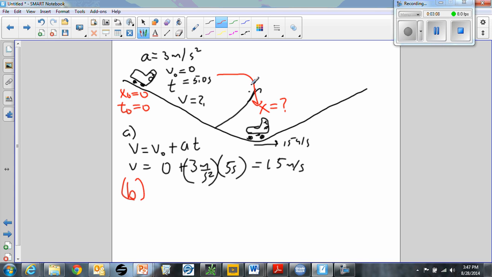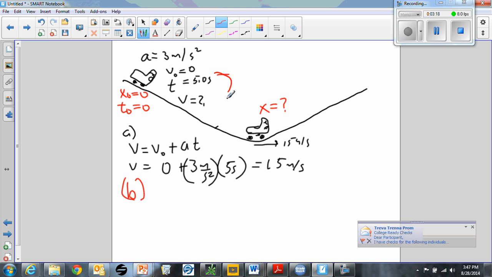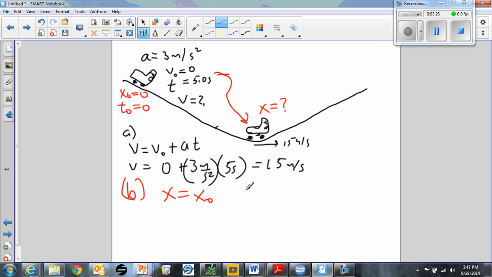So, let me erase this. Sorry. Go back to my red color. So 5 seconds is right there. X, I don't know. So, x equals x naught plus v naught t plus 1/2 at squared. If I use that one, that will give me the position. It's x equals 0 plus 0.